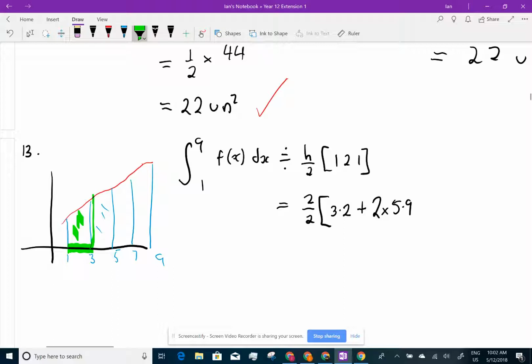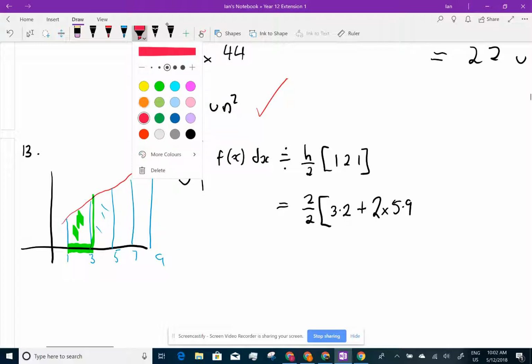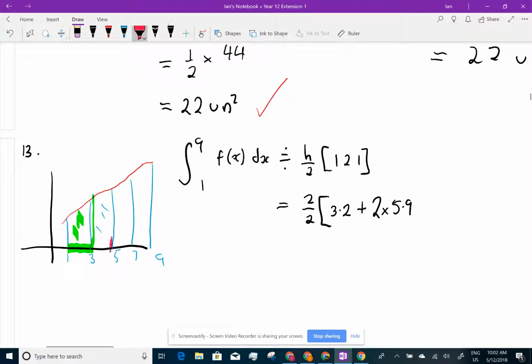And this 5 is going to be part of the one there between 3 and 5, but also part of the one between 5 and 7. So there'll be 2 of them, and there'll be 2 7s. So just keep doing 2. So 2 times 5.9 plus 2 times 8.4.